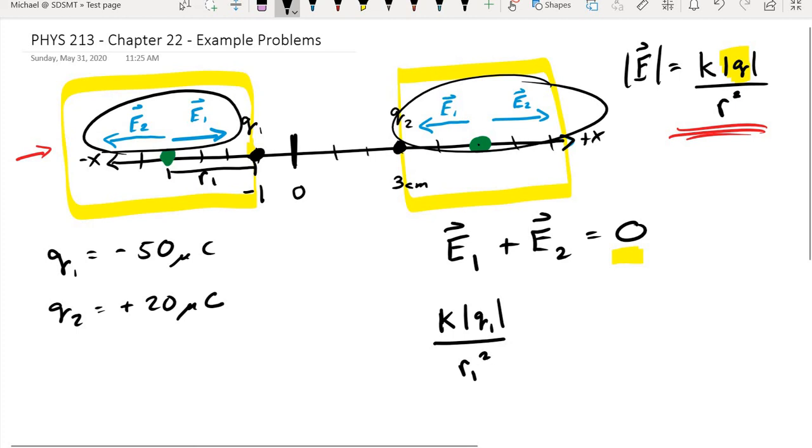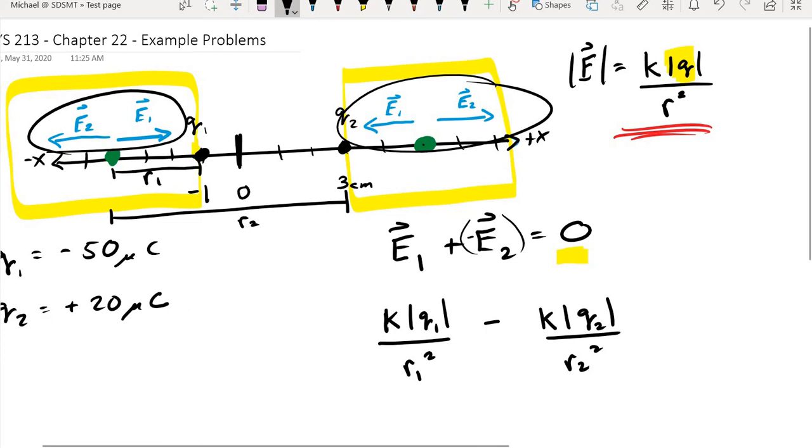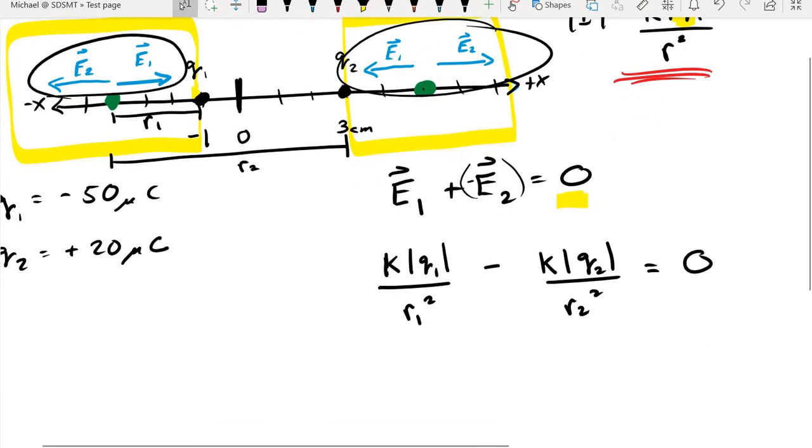And then E2 is equal to K times Q2 magnitude over R2 squared, but R2 is quite a bit larger than R1. Now again, note that I'm using magnitudes down here for the charges, but I still have to account for the fact that E2 is pointing in the negative direction, so when I add these together I get that negative sign. We want all of this to go to 0.